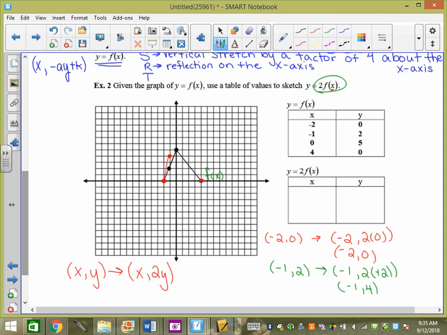And then this one's 0 and 5, so it's going to become 0 and 10. Now, I could just do that one in my head because it literally just had a stretch on just the y. Do you think that they're possibly going to give you just a vertical stretch on a function on the diploma? Probably not. So that's why mapping is so important.